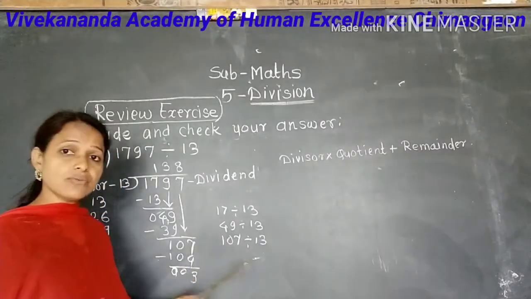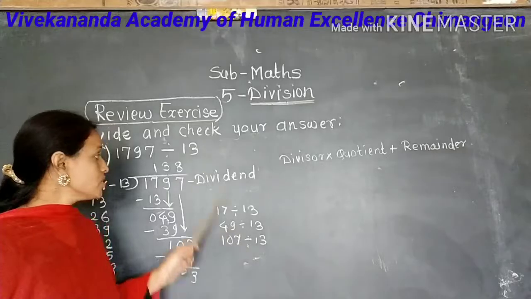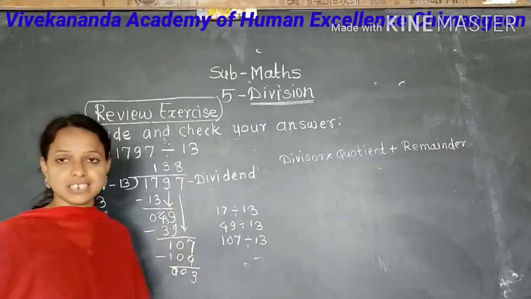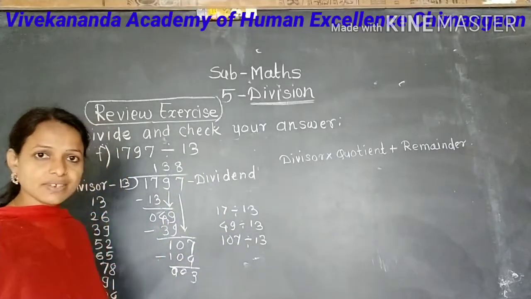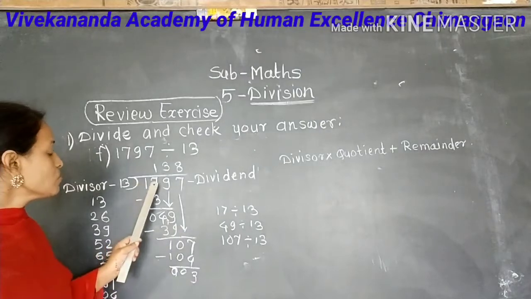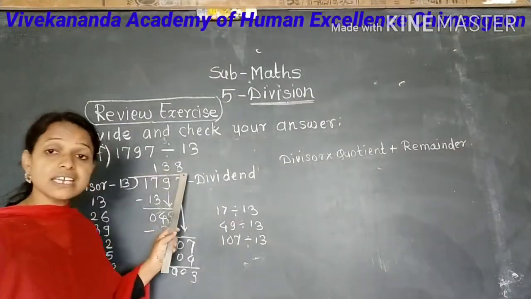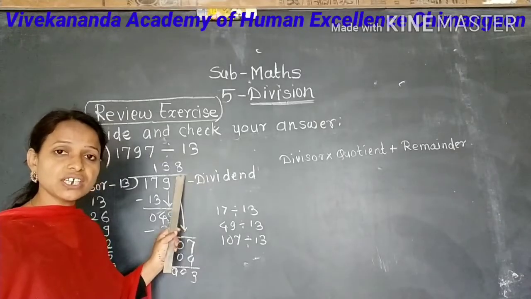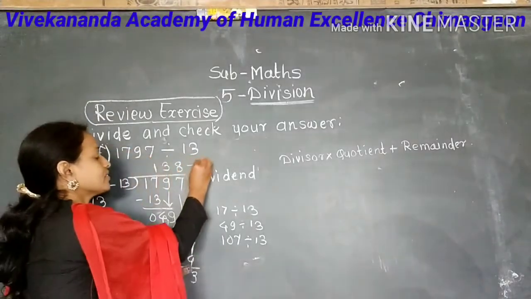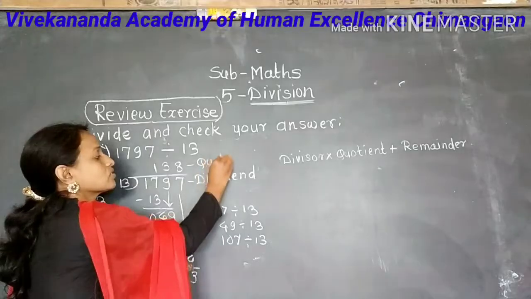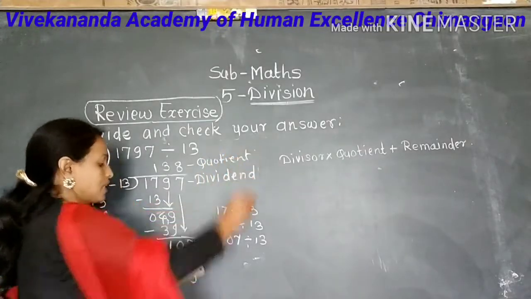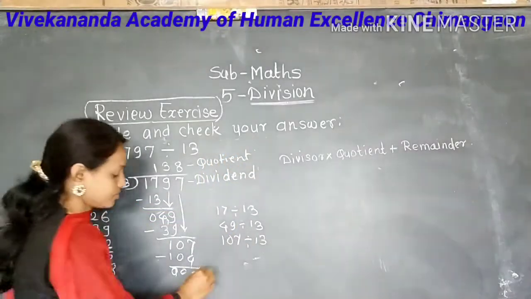So here we divide 107 by 13, it gives us quotient 8 and remainder 3. In this way, we divide 1797 by 13, it gives us quotient 138 and remainder 3.